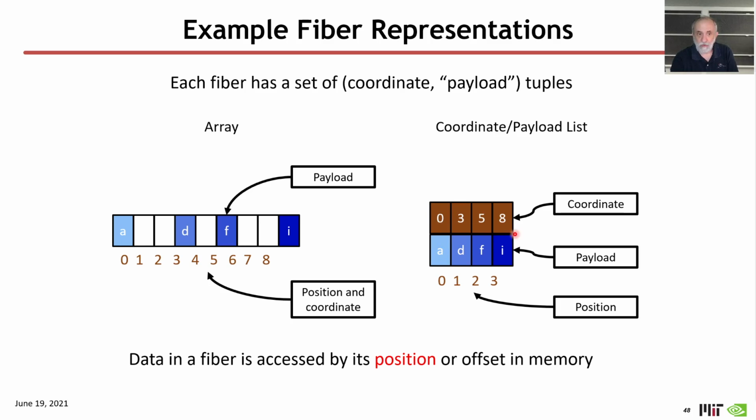So we would just go through them sequentially. However, if we want to find a particular coordinate, we're going to have to look up in this structure and find where, say, coordinate 5 is, and then find out that its payload is F.